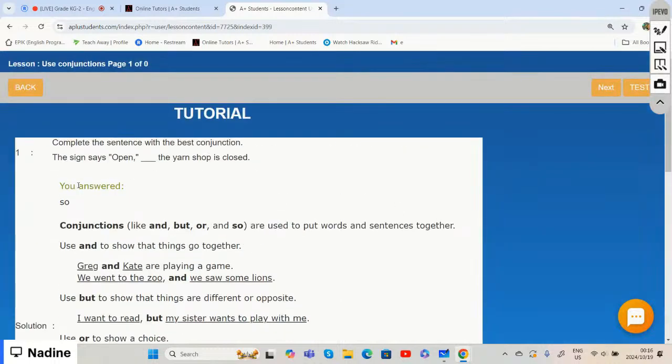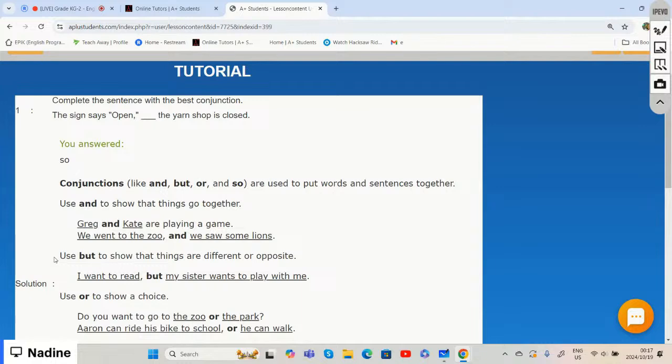So now it says we need to complete the sentence with a conjunction. The sign says open. All right.